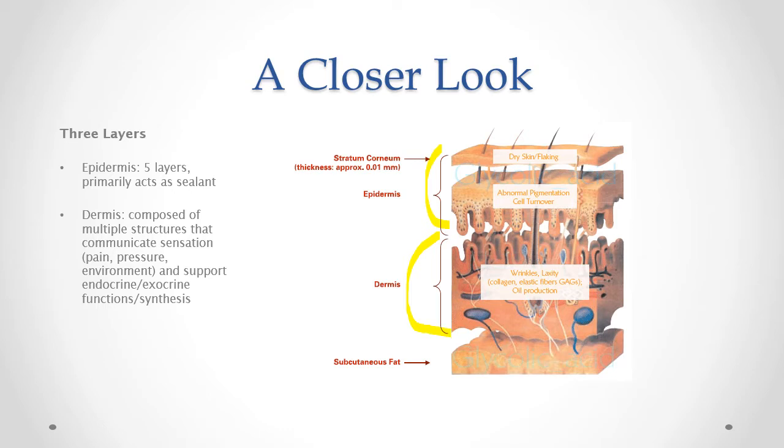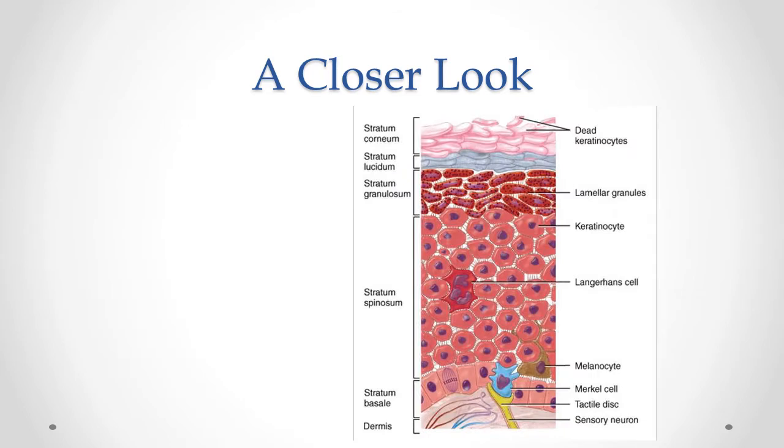Okay, and that's where we get sensation and endocrine and exocrine functions and our vitamin D synthesis, the nutrients and all of that. And then we have our hypodermis or subcutaneous fat layer, which is on the bottom, and that provides cushion and also a layer for the vascular systems. Very important.